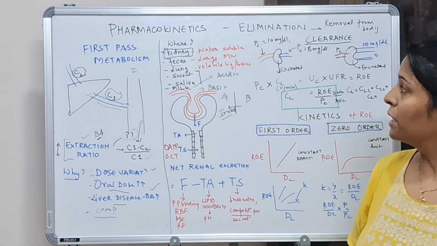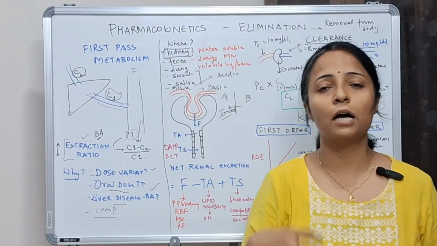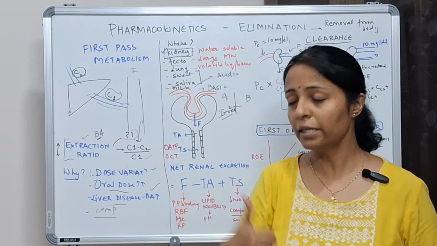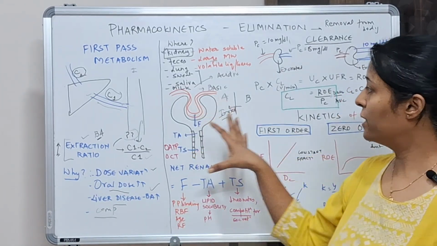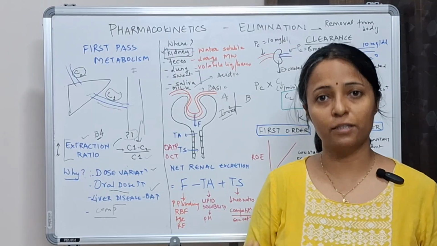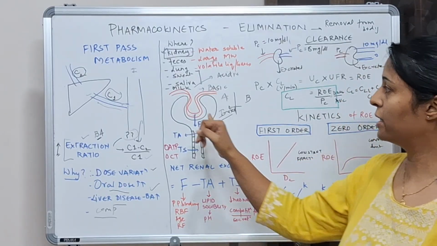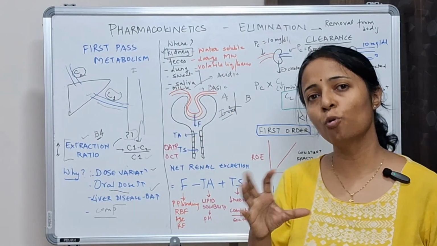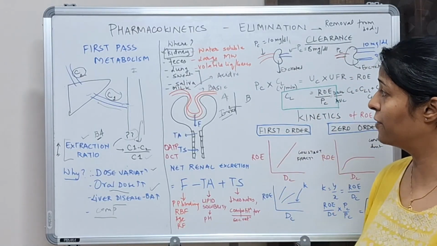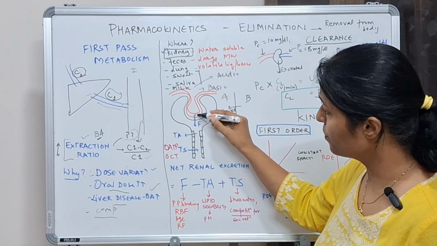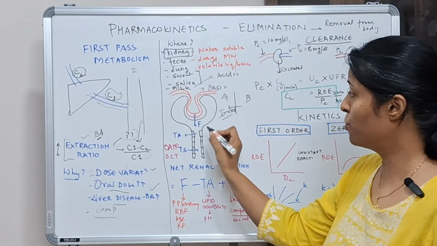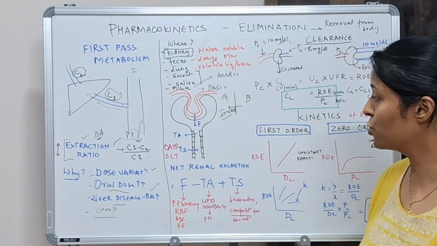Now moving on to the fundamentals of how the drugs are excreted in the kidney. This is the fundamental basic mechanism of excretion of any substance: if the substance is of low molecular weight and can be filtered at the level of the glomerulus, it will filter from the glomerulus into the Bowman's capsule. So F is for filtration.